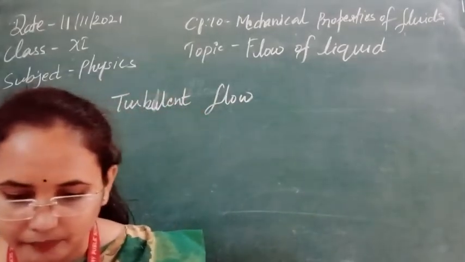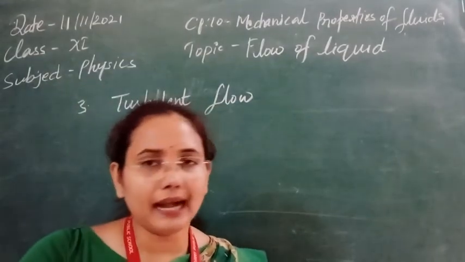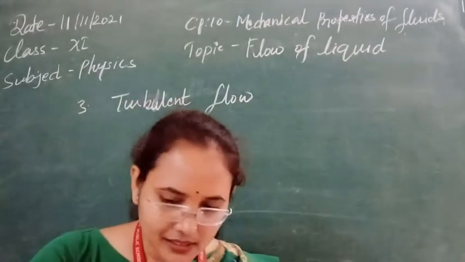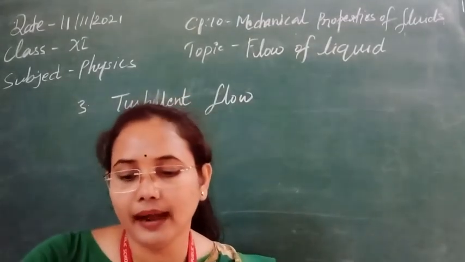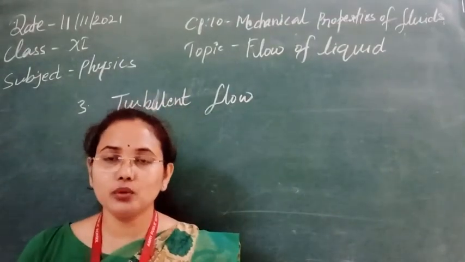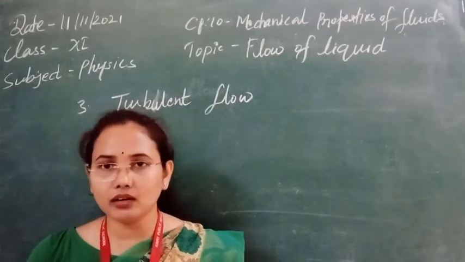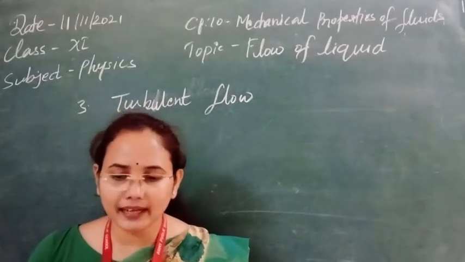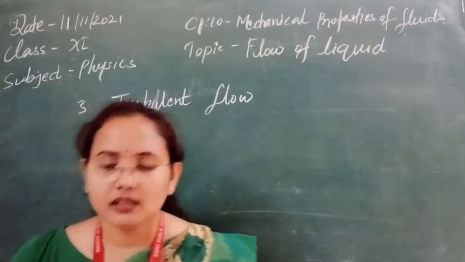Simply, whenever the liquid crosses a particular speed, that speed is known as the critical speed, and the order of the liquid's layers becomes irregular, meaning they move irregularly and randomly. That kind of flow of liquid is known as turbulent flow.